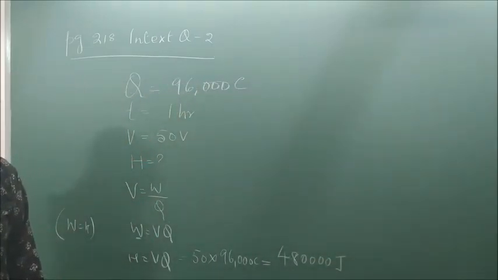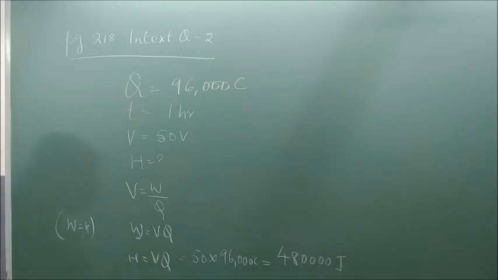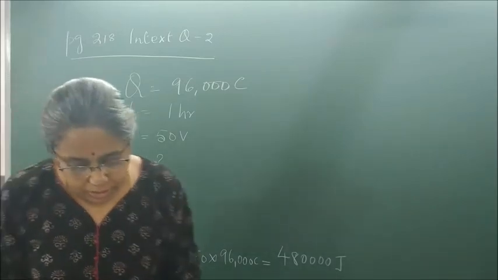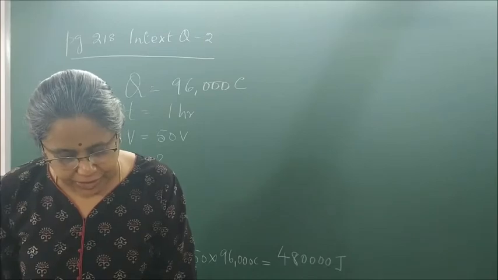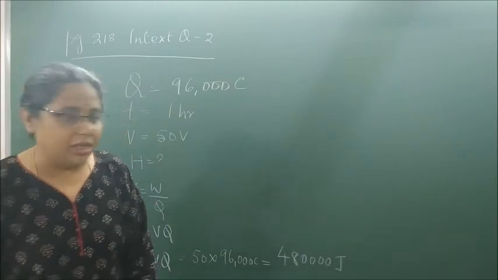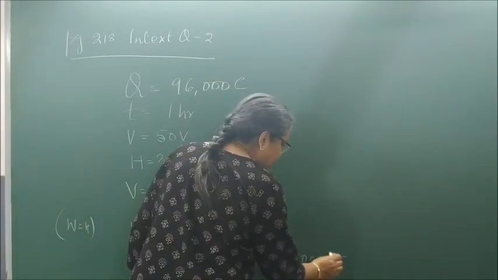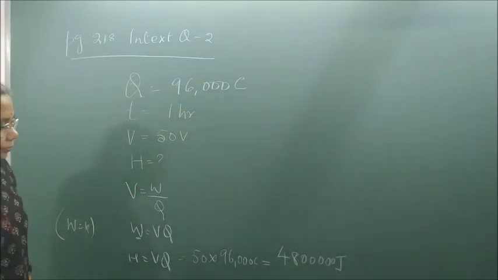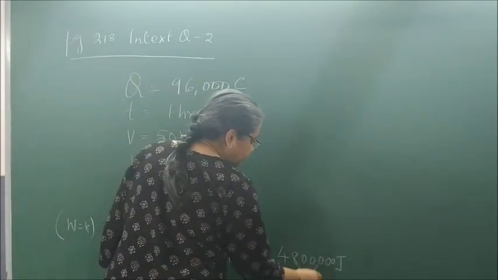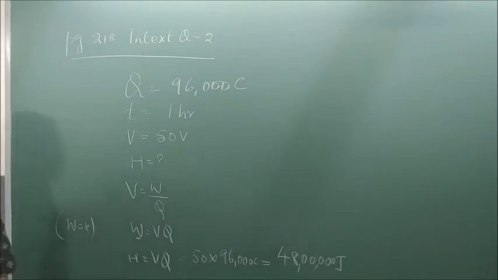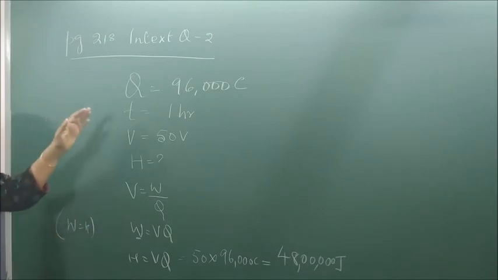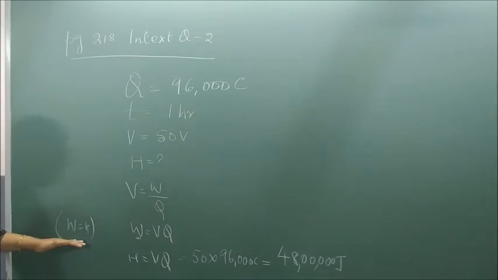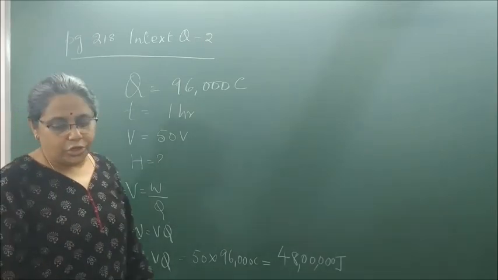Correct? 96,000 into 50, 96 into 5, 6 fives are 30. Done. I don't know which formula you all used to get that weird answer, but this is how the question is. You will use the first basic formula of heat, H is equal to VQ.